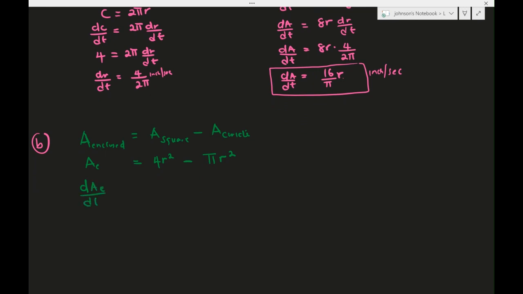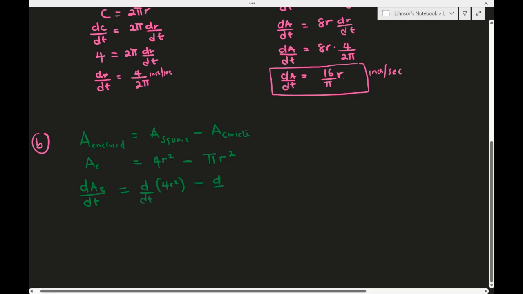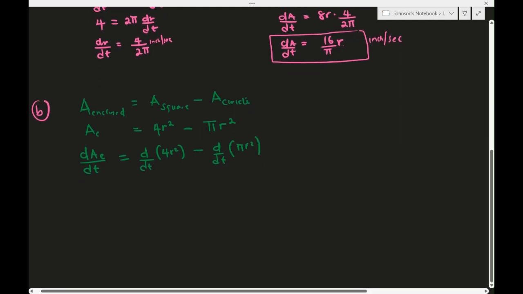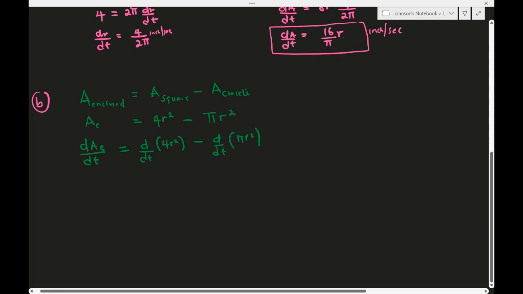dE/dt, the derivative of the area enclosed with respect to t, is going to differentiate everywhere. It's going to be d/dt of 4r squared minus d/dt of pi r squared as well. So what do we have here?